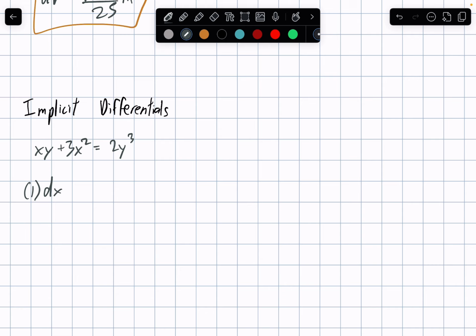And then just copy y, plus copy x, and then derivative of y, dy. 3 times 2x times dx. Okay, and then 6y raised to 2 times dy.